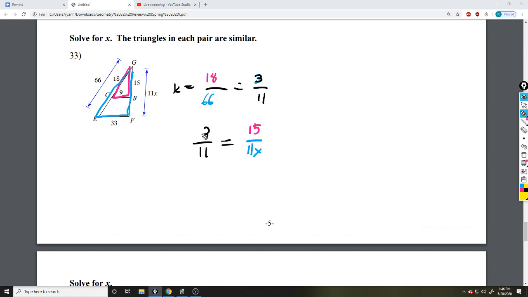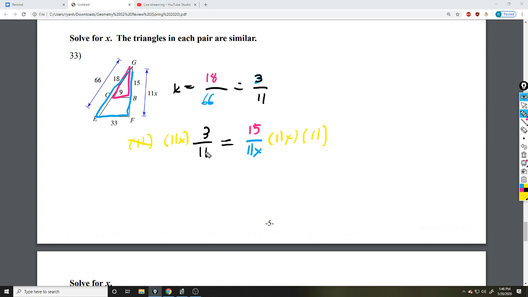So just like we always did, we're going to multiply by what's on the bottom to get rid of the fraction. So on the bottom here, we have an 11x. So we're going to multiply both sides by 11x. And then over on this side, we have just 11. So we're going to multiply by 11 to get rid of the fraction there.